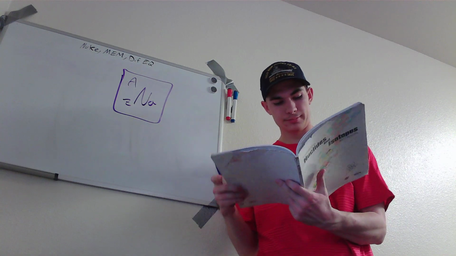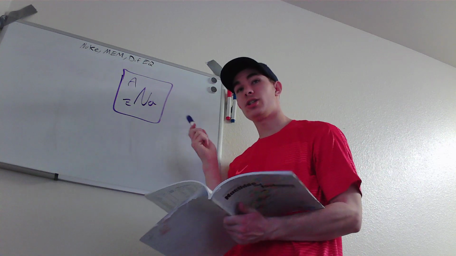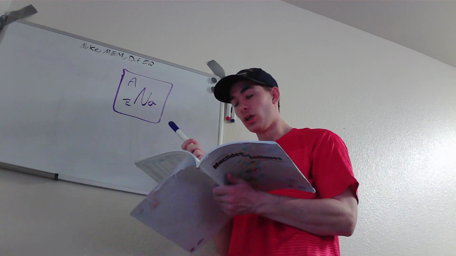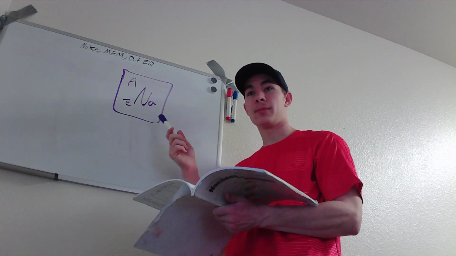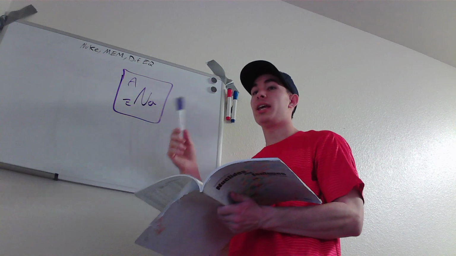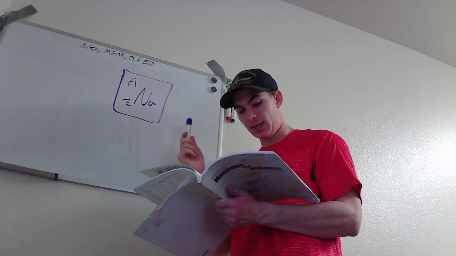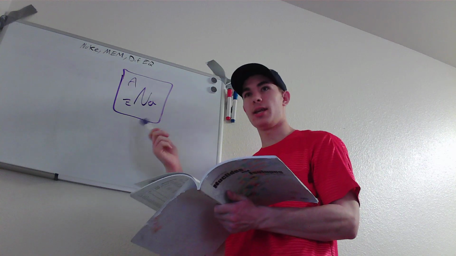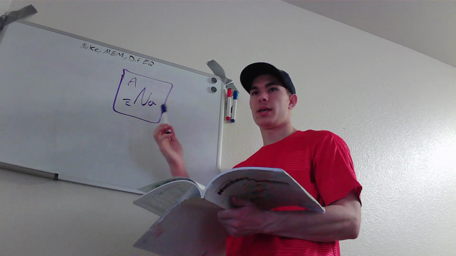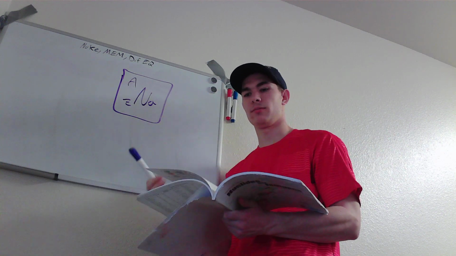The A number is not its atomic weight, it's just the number of protons and neutrons it has. So sodium-23 has 11 protons and 12 neutrons, but its atomic weight, or atomic mass, is 22.989. So it's not quite 23, and that's the difference. Super easy.